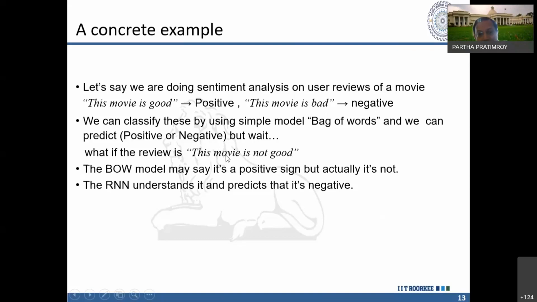If you consider this as a bag of words, then the good word is there, so it will also be considered positive. Because the change of the order of these words in a sequence matters a lot. How you use the context matters: the previous word is not, which means negative. That we need to understand.